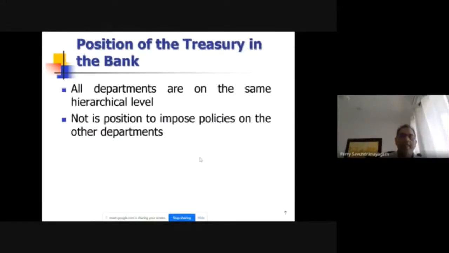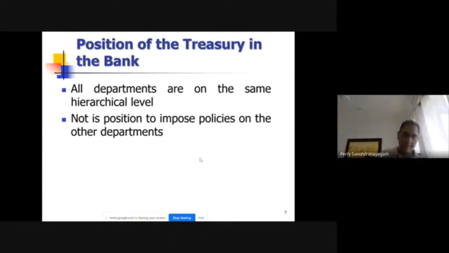Okay, so basically, the position of treasury in the bank: all departments are on the same hierarchical level, not in a position to impose policy on the department. In other words, what it's trying to demonstrate is that treasury sits equal. It doesn't have an impact on decisions from other areas, and it can't impact the decisions of another area.